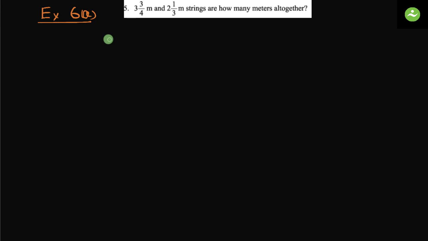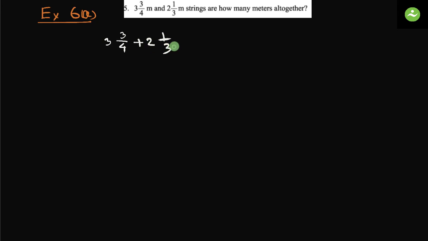Then let us calculate 3 and 3/4 plus 2 and 1/3. How will you pronounce it? You can say 3 and 3/4, or 2 and 1/3, or you can say 3 and 3/4 plus 2 and 1/3.